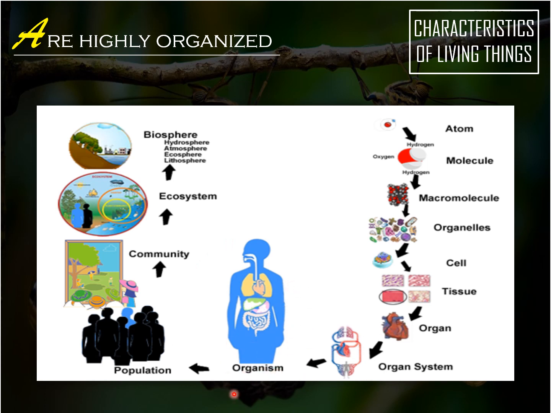Then, if a group of multiple organisms of the same species within an area is found, we can call them a population. If different species are in a certain area, we can term it a community.